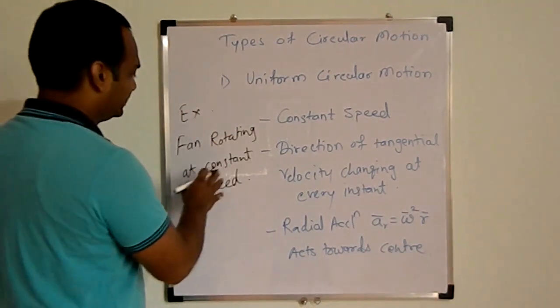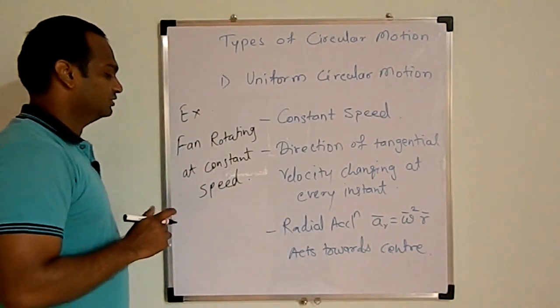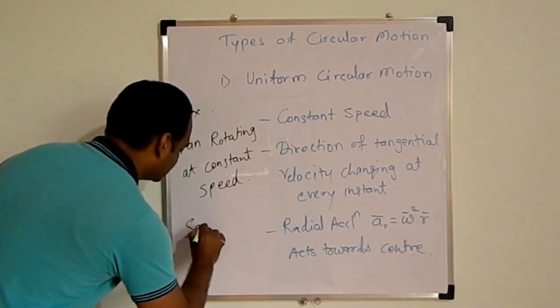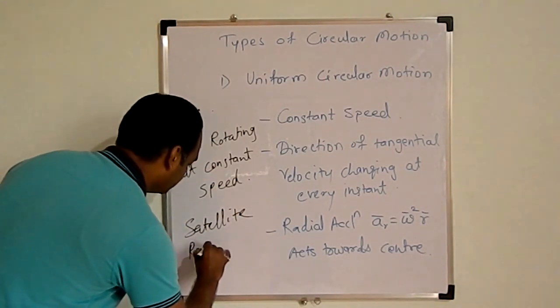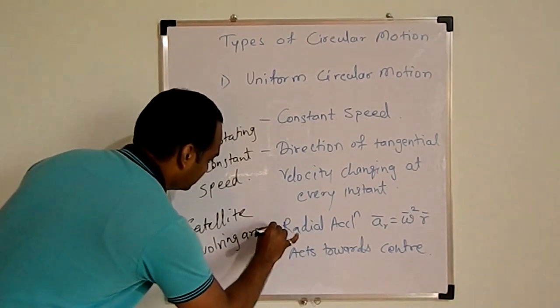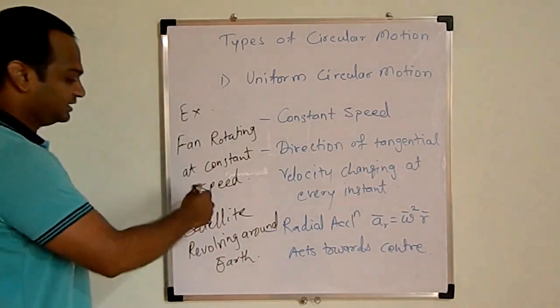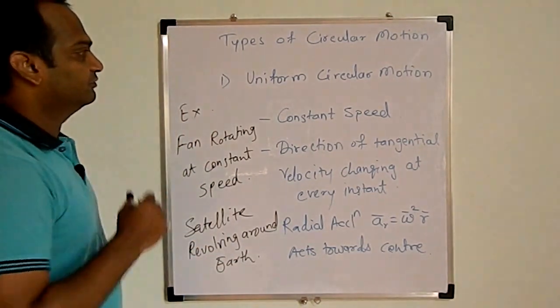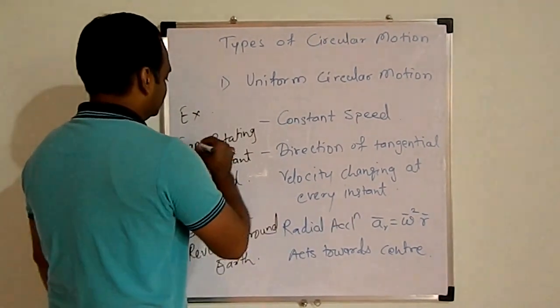So, a fan rotating at constant speed is an example of uniform circular motion, or a satellite revolving around Earth. This is another example of uniform circular motion. Now, see the fan.